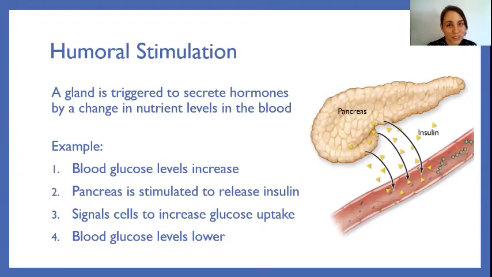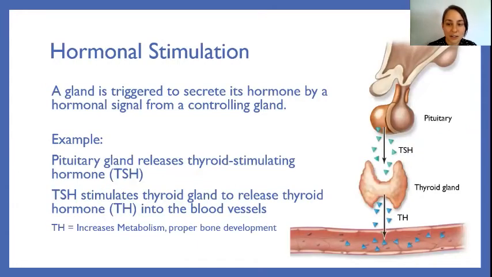So humoral stimulation is the gland monitoring those nutrient levels and releasing its hormone in response. If you recall, the thyroid wasn't monitoring the blood and deciding when to release thyroid hormone. Instead, it was being controlled and told to release by a hormonal signal from the pituitary gland.